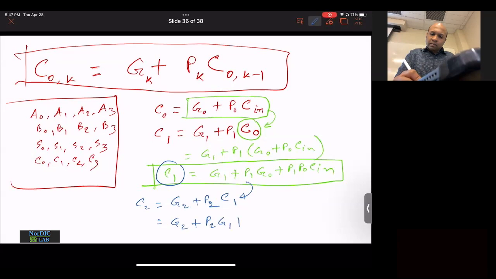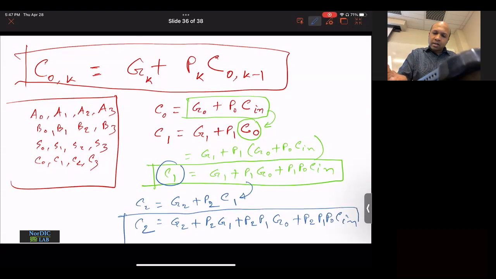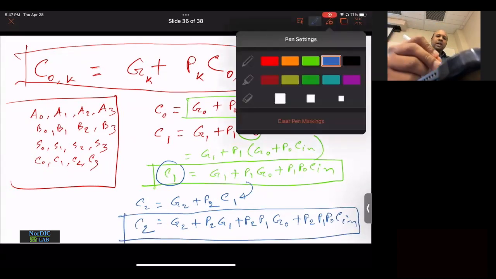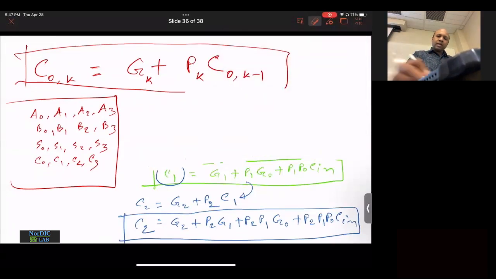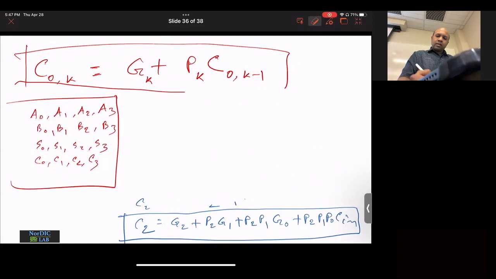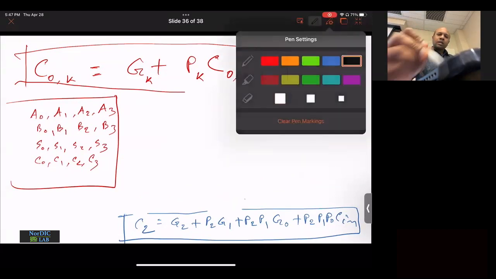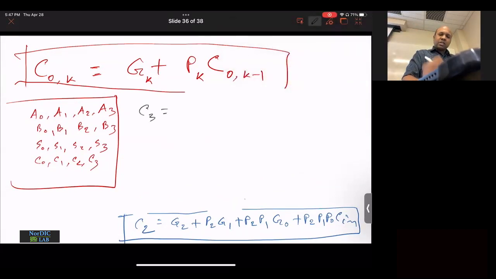P2 G1 plus P2 P1 G0 plus P2 P1 P0 C in. That's what you get as C2. I'll just keep it right here. And I'm running out of space. So I will just erase the ones that are on the top because I've already calculated C2.